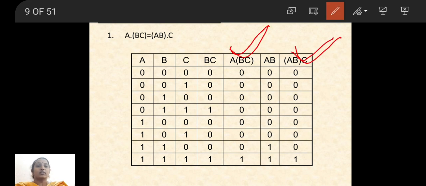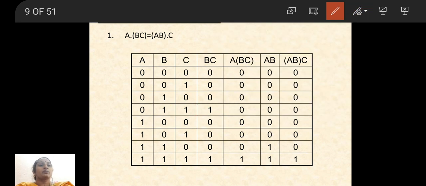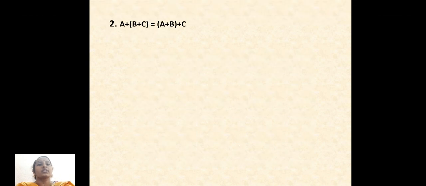Let me prove only one first, variable a in the middle. 0 into 1 into 1 is 1. 0 into 1 is again 0. Next combination, ab: 0 into 1, 0 into c, again 0 into 1 is 0. So in this way we can prove our associative laws also.